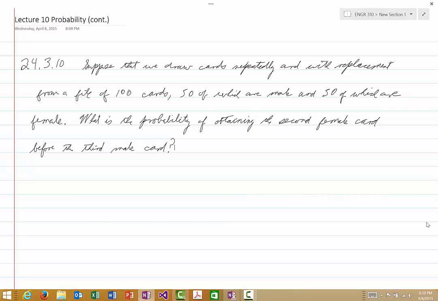With each one, we note the gender of the card, and then we put it back and presumably shuffle the deck and then draw again. And again, we note the gender, put it back, and shuffle over and over. So we're asking, what is the probability of obtaining the second female card before the third male card?